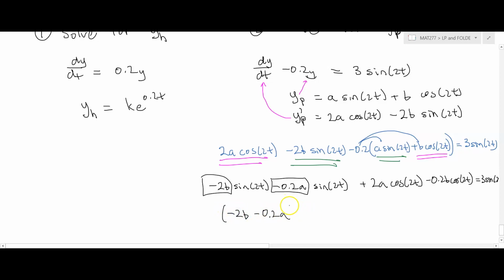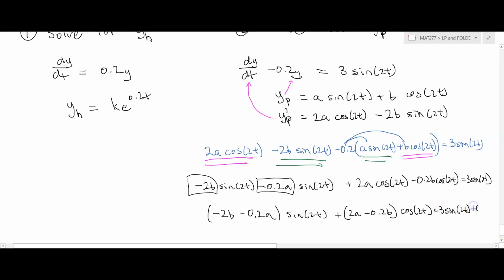That's going to be the coefficient after I factor out a sine of 2t from those terms. Here I'm going to factor out a cosine 2t, which will leave me with 2a minus 0.2b cosine of 2t has to equal 3 sine of 2t. And I'm just going to write on the end of this, plus 0 cosine 2t.